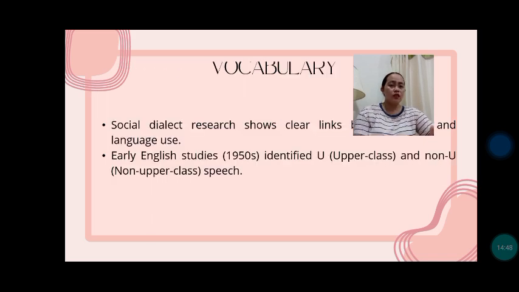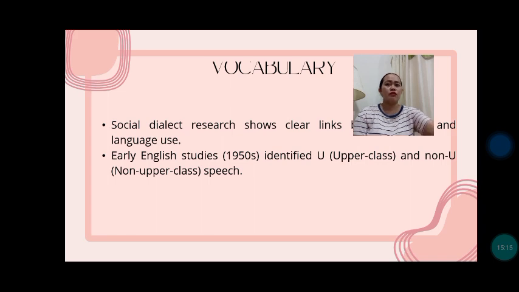For example, "sitting room" is used by the upper class while "lounge" is used by others. And then we have "lavatory" instead of "toilet," "sofa" instead of "settee," and "relations" instead of "relatives." These word choices act as class signals, showing who belongs to which social group.